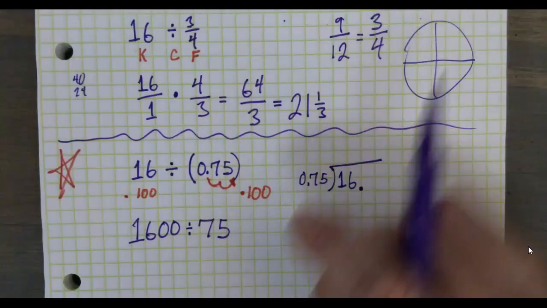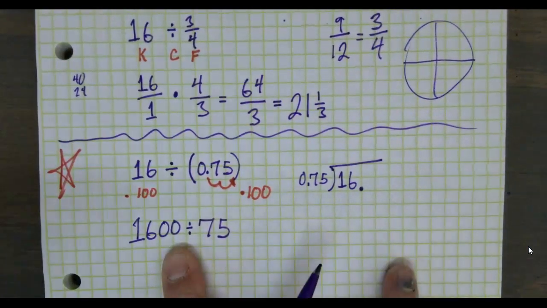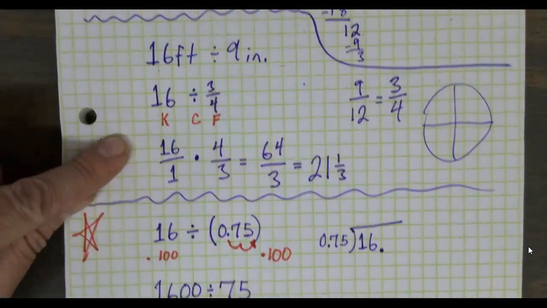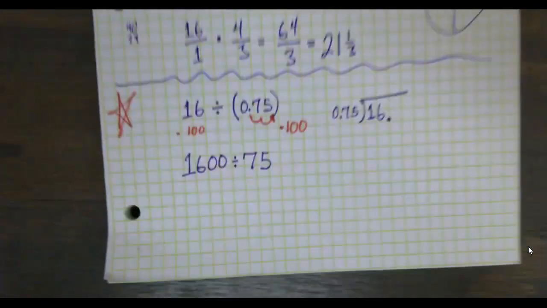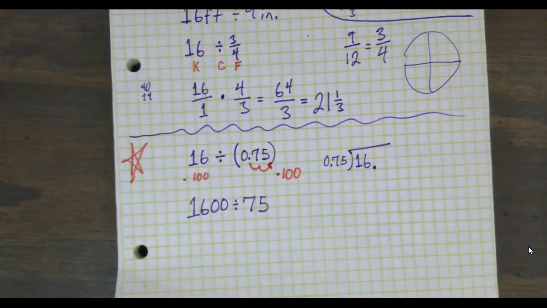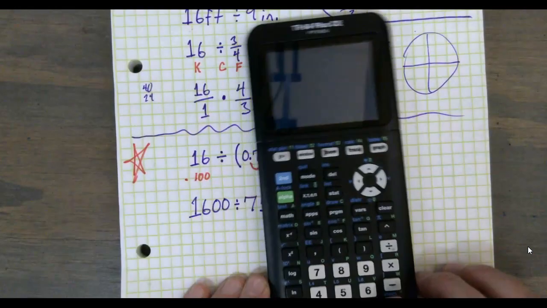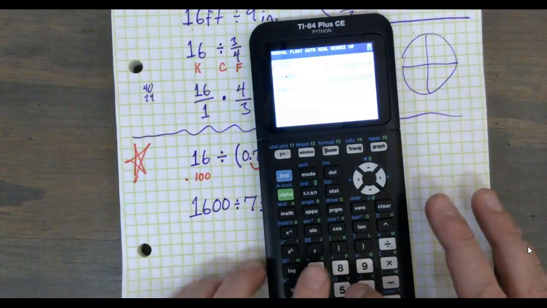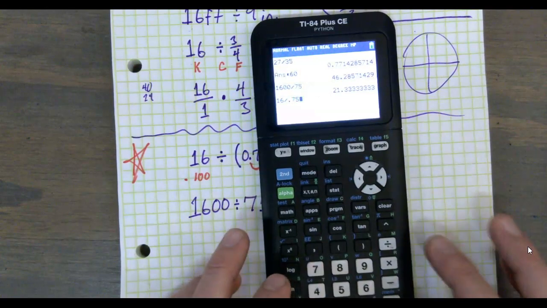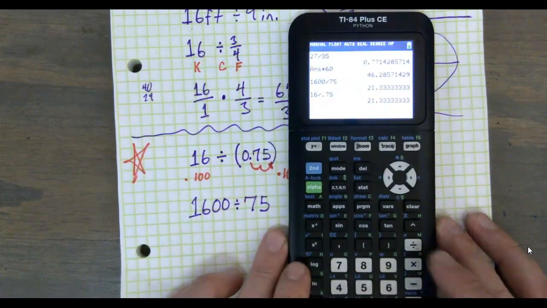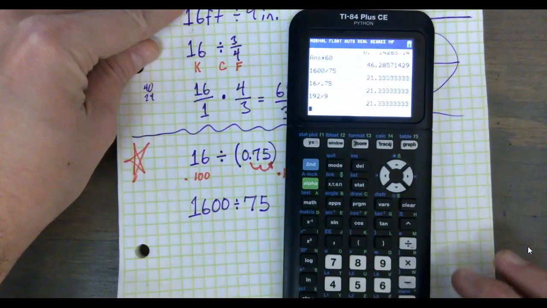Just please stop. Now, am I arguing that this is better than our keep, change, flip method or the first method? No, but all of these options, and if we type this in our calculator, because I know sometimes y'all don't trust me, 1600 divided by 75, same exact thing as 16 divided by 0.75, same exact thing as 192 divided by 9.